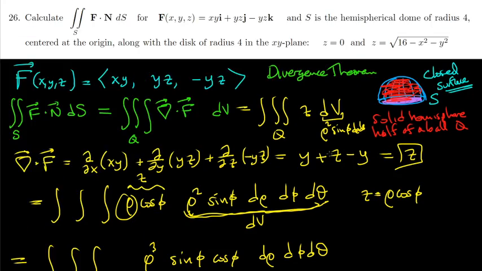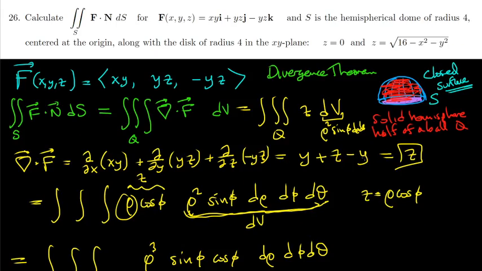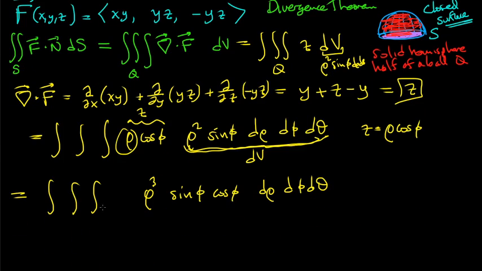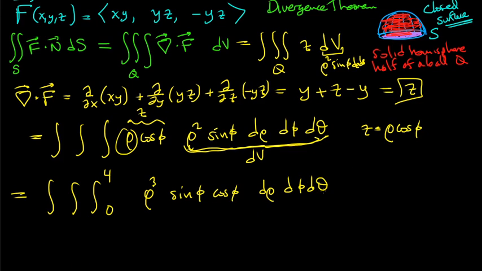So what are the bounds for rho? Well, let's see. This is radius 4, so we're going from 0 to 4. That's the radius of either the disk or the sphere, right? Phi is the angle with the z-axis. So this is the z-axis, this is the xy plane, and this is the projection of it, the two-dimensional version.